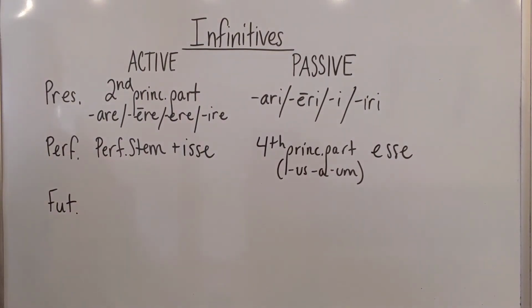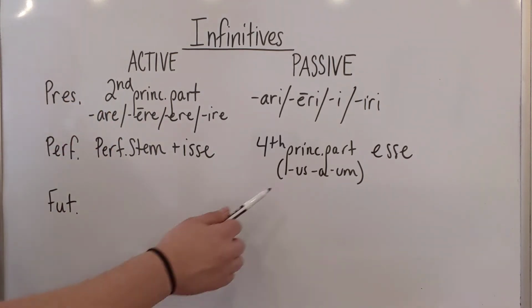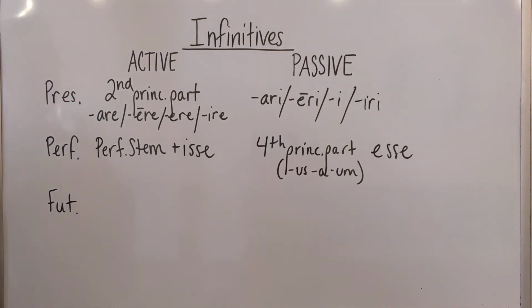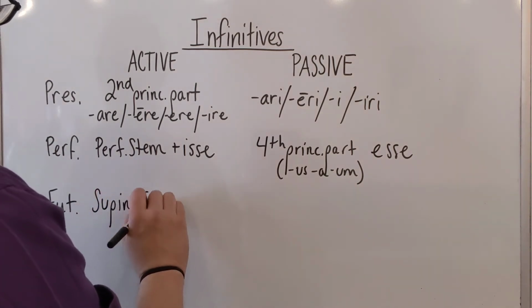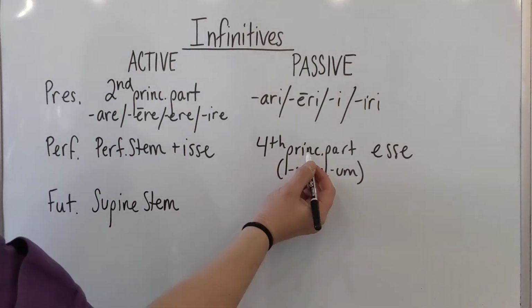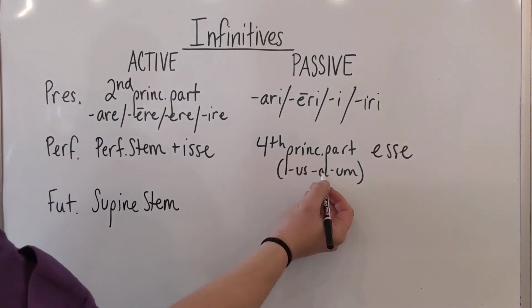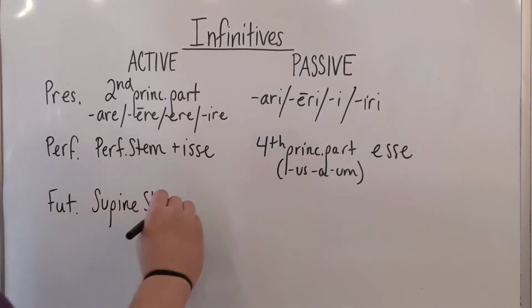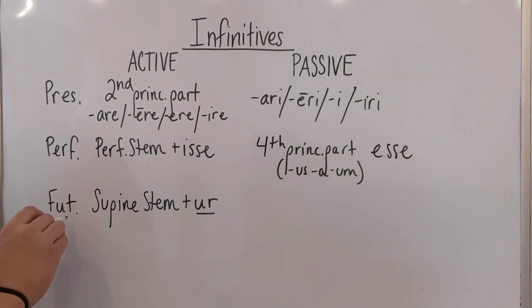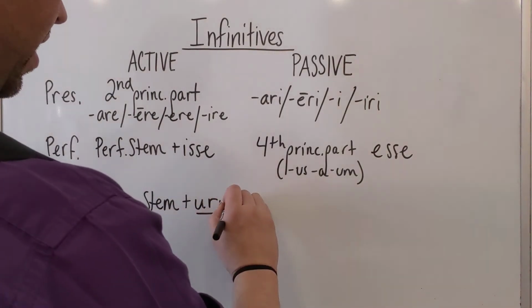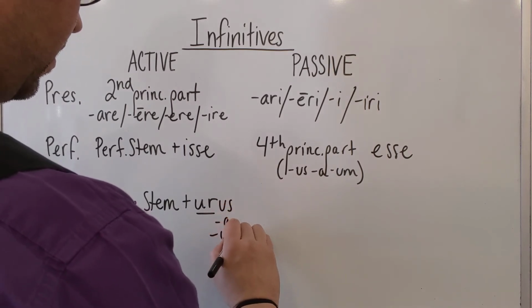Along the same lines, the future active infinitive will do the same thing. The only difference is we take what we will call the supine stem, that is the fourth principal part minus the -us, -a, or -um, and we're going to add an -ur- like future, and then add the -us, -a, and -um.